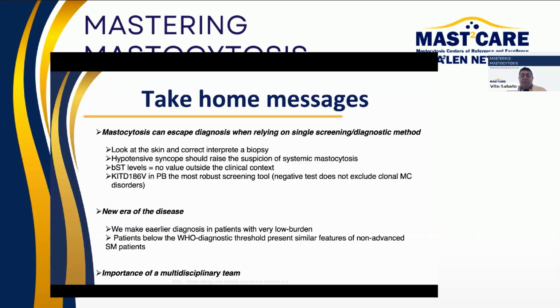Hypotensive syncope should raise the suspicion of systemic mastocytosis, especially if it's induced by Hymenoptera venom. Do not use the tryptase outside the clinical context. Outside the clinical context, elevated or normal tryptase doesn't mean anything. And by far, at the moment, the most robust test for screening of systemic mastocytosis is the search for the mutation in peripheral blood by using a sensitive technique.